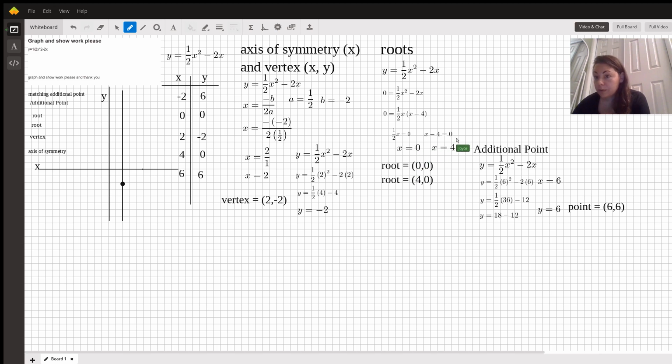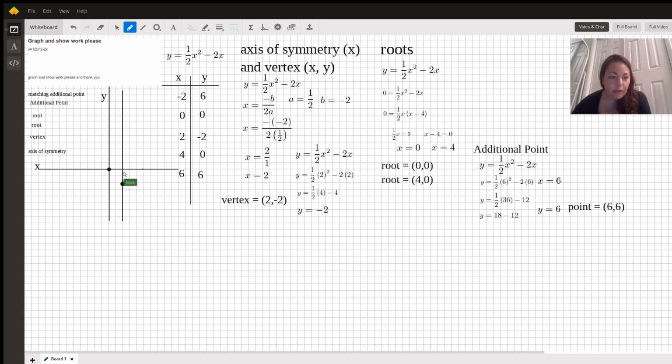These are our two roots. The points are when y is equal to 0. So if x is equal to 0, y is equal to 0. If x is equal to 4, y is equal to 0. Let's graph those 2 points. So 0, 0 is the point at the origin.